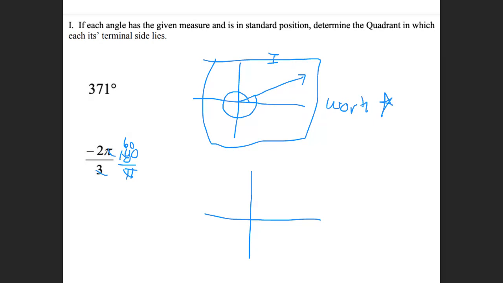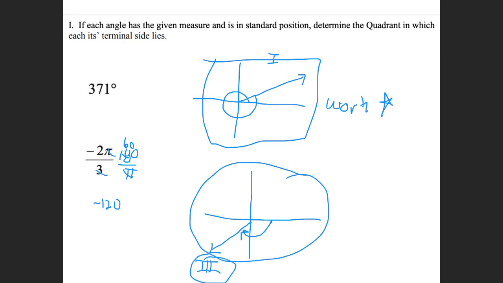Whoops, is that right? 60, negative 120. Is that right? Negative 120. Okay, so now it's negative. So I go this way around. So that's negative 90. Negative 120 should end up right about there. Which quadrant am I in? 3.